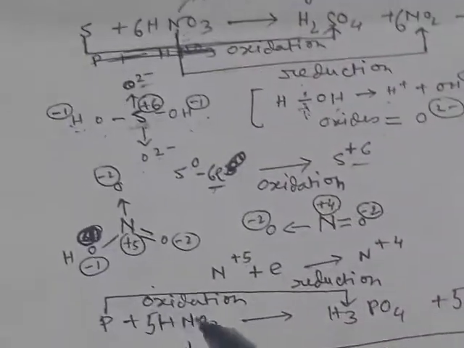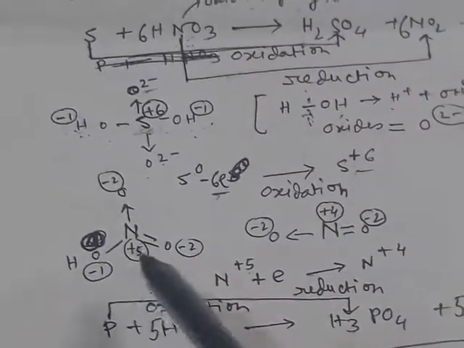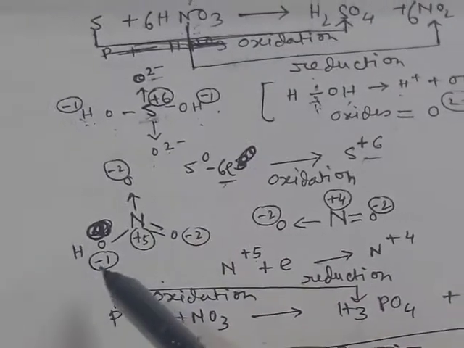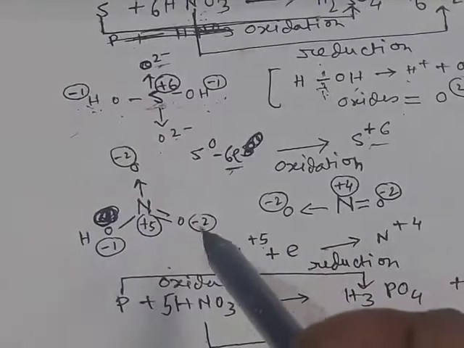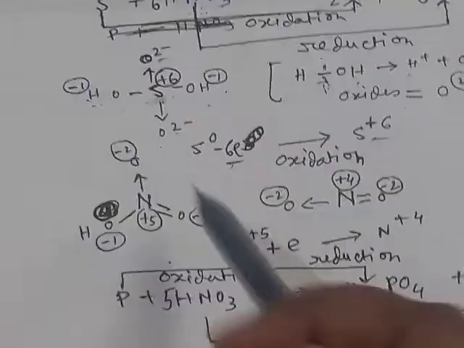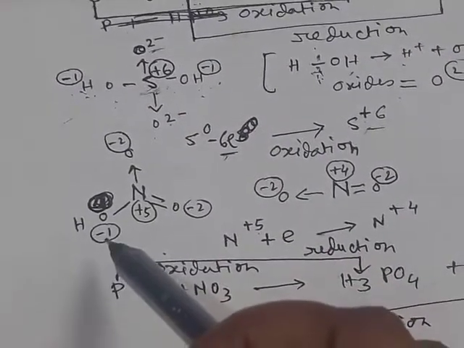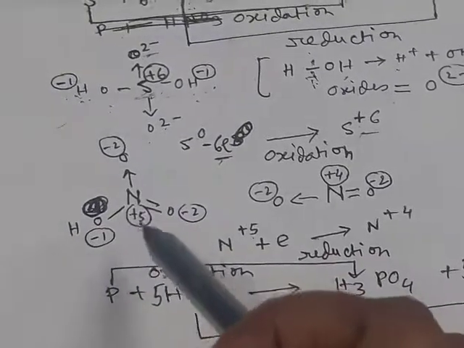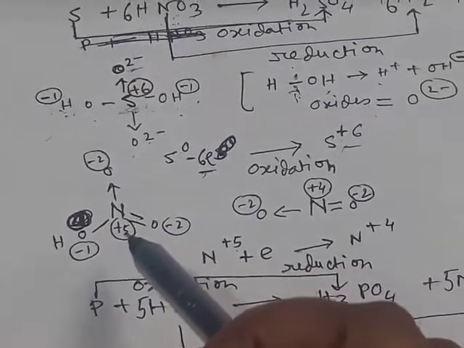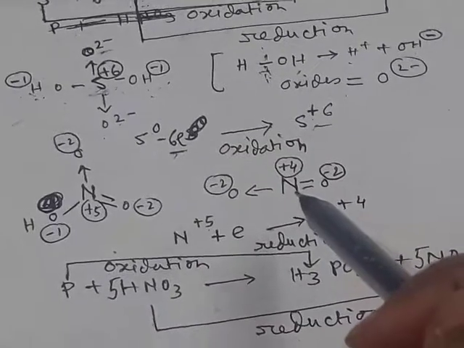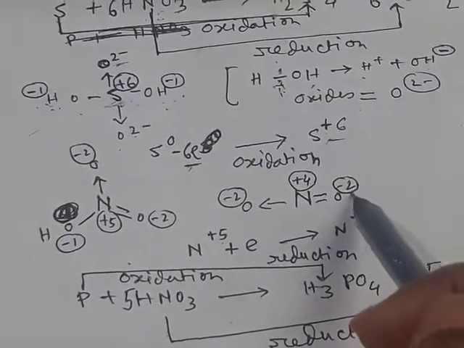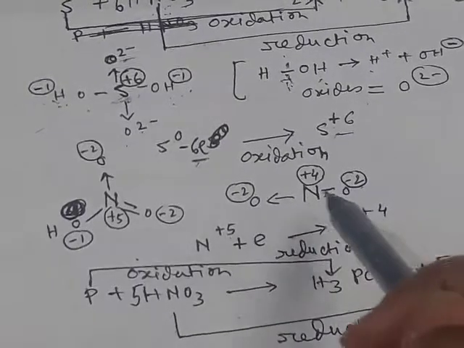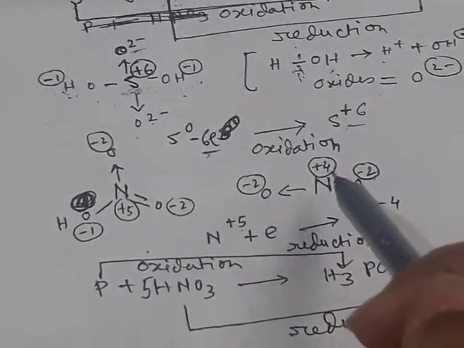Now if we take nitric acid, this is the structure of nitric acid. For 1 OH there is -1, for oxide -2, total negative charge 2 plus 1, that is -5, so the positive charge on nitrogen is +5. Now for NO2, this is the structure. For 2 oxide there is total negative charge 2 plus 2, 4, so on nitrogen there is positive charge 4.